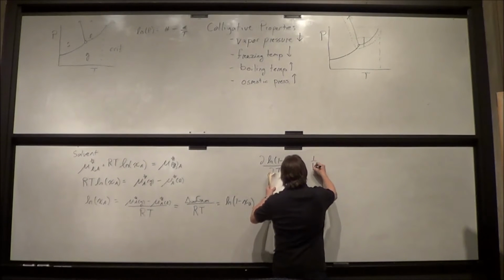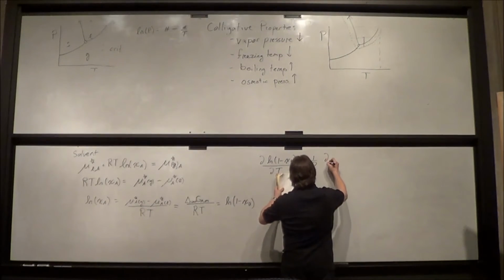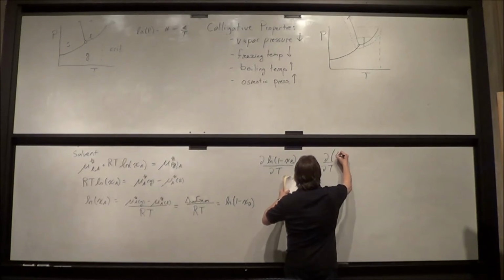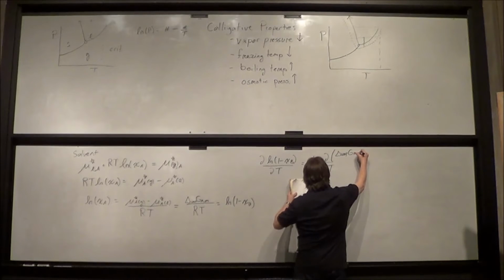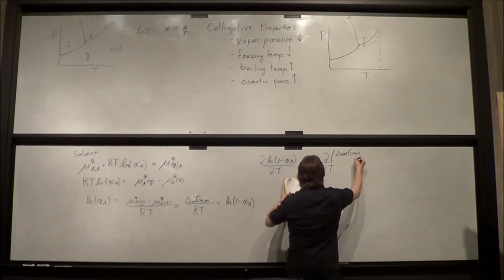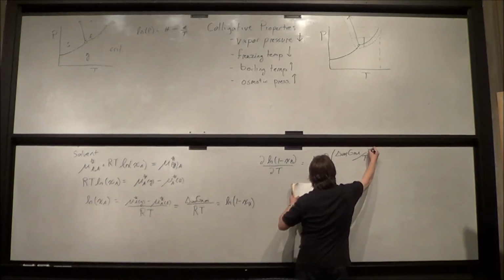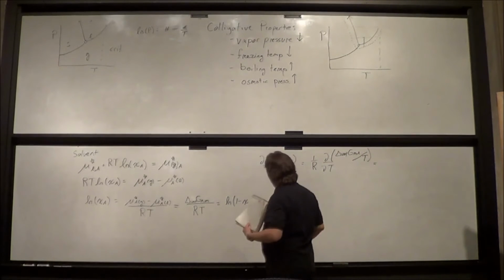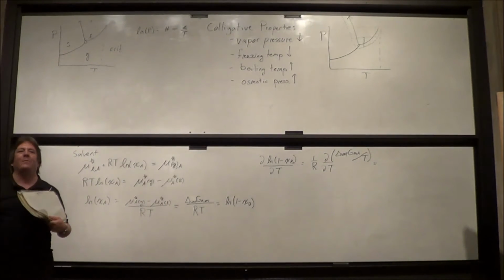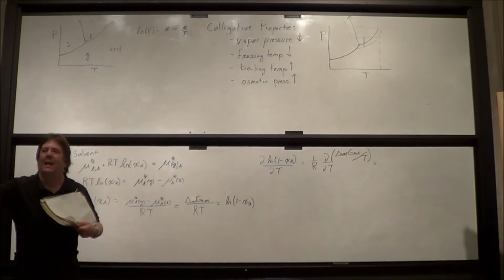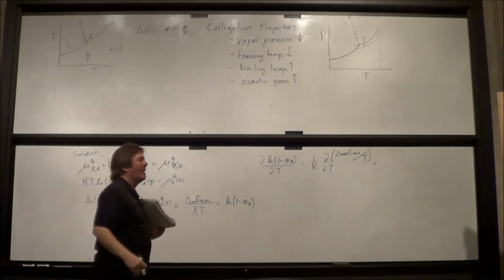So then I've got 1 over R, change with respect to temperature, delta vap G per mole of A. Sorry if I put it wrong. All right, yeah, not good board work. All right, remember Gibbs-Helmholtz equation.